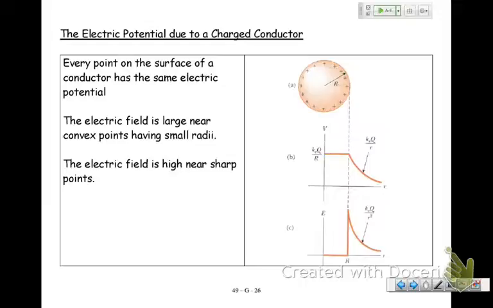Let's imagine that there is a conductor. Charges reside on the outside of the conductor. They put them in a skin around the outside. We know from previous stuff that the electric field inside that conductor is 0 because we did Gauss's law. And then we had inverse square law on the outside.